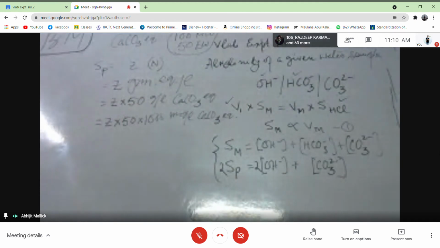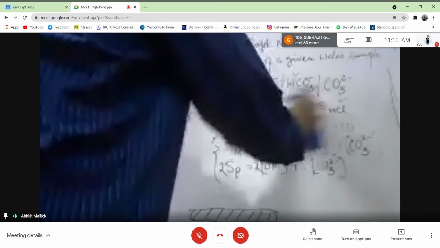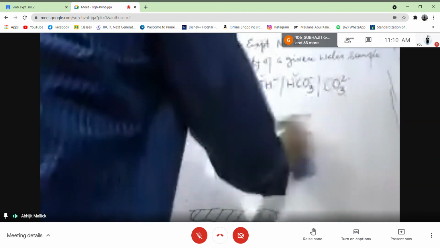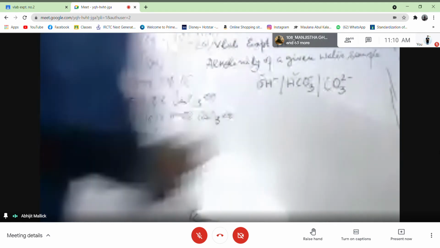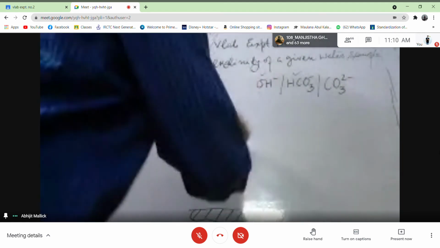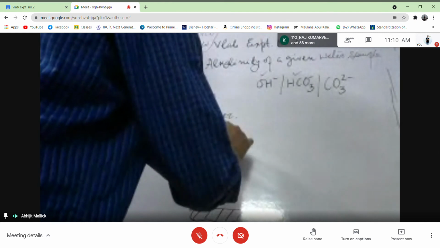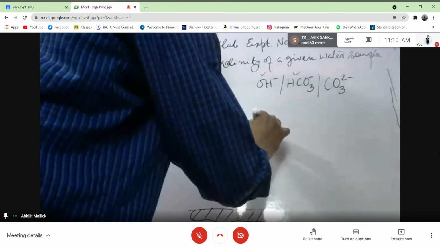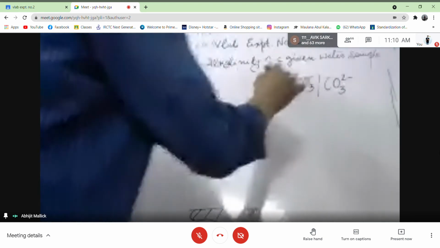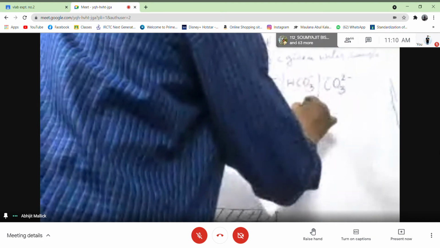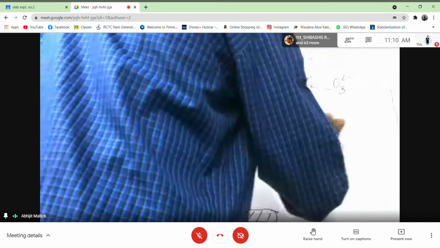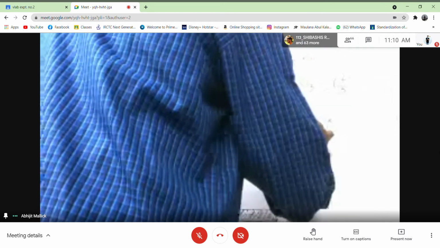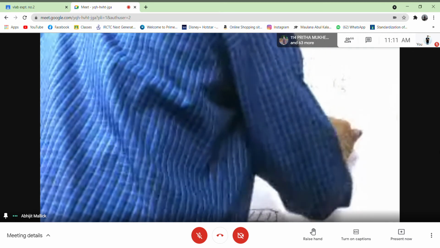Now let's do a small calculation, which will be helpful later. What is called ppm? Let's look at ppm briefly. 1 ppm CaCO3 means 1 gram CaCO3 dissolved in 10 to the power of 6 ml distilled water.